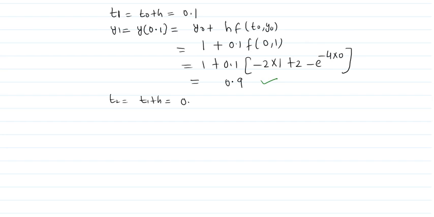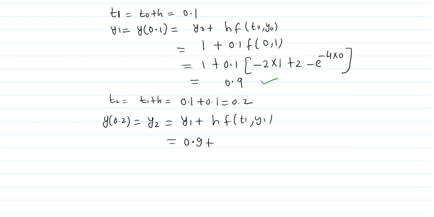Okay, so 0.1 plus 0.1, this is 0.2, and the solution at point 2 is denoted by y2. So y2 is just y1 plus h f(t1, y1). So y1 you computed 0.9, h is 0.1, t1 is 0.1, y1 is 0.9.